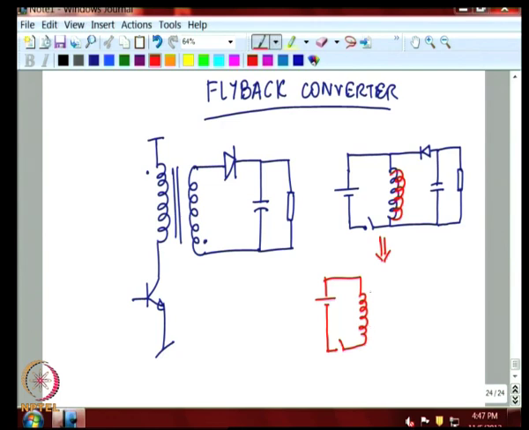Then instead of hard wiring a junction point here, you have the mutual coupling.